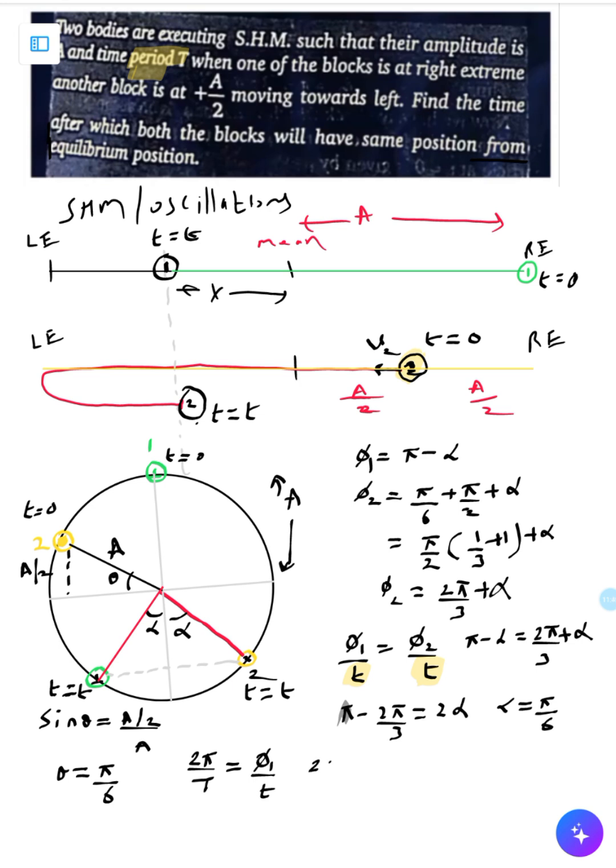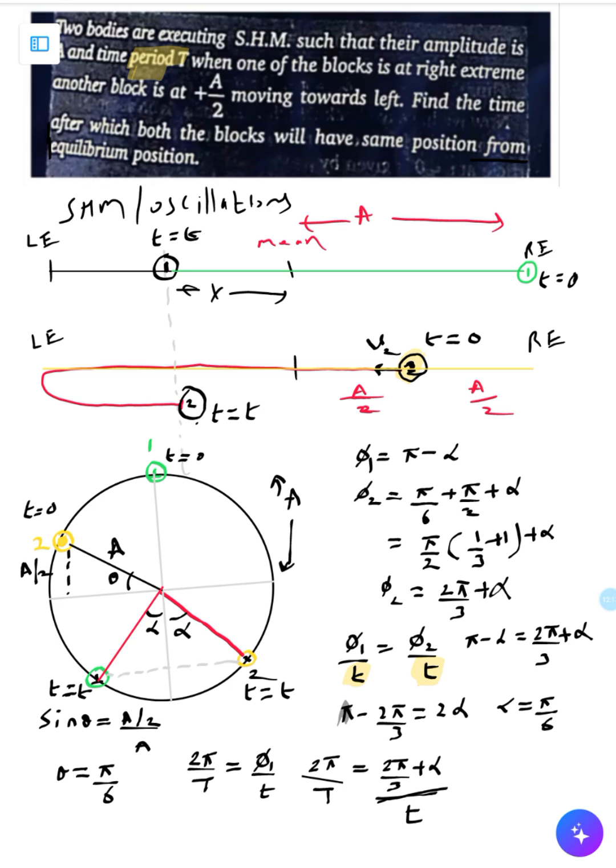So we'll substitute the values. 2 pi by capital T is equal to 2 pi by 3 plus alpha, and alpha is pi by 6.